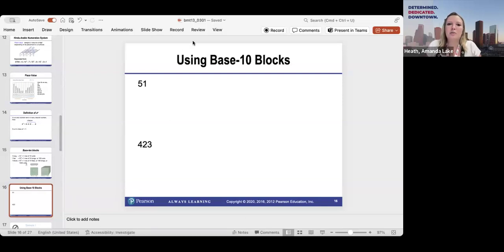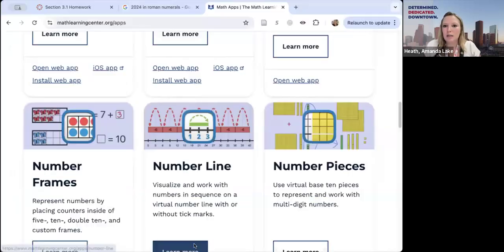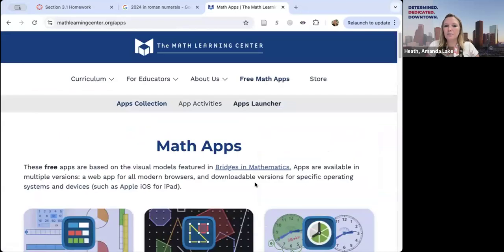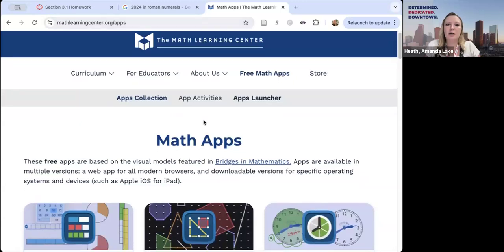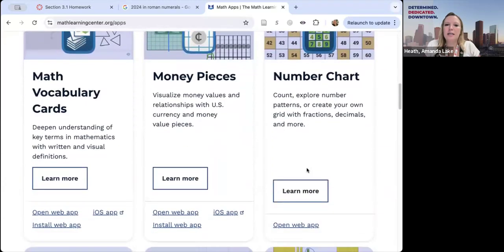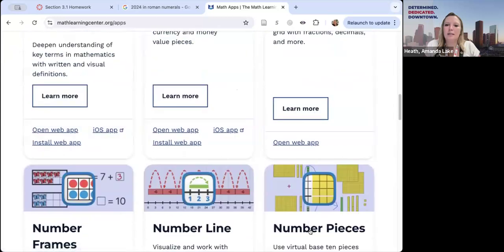So I want to show you a resource that you have online, since this is an online course. If you want to practice using base 10 blocks in your own work, you can go to mathlearningcenter.org, and you'll see this one app called Number Pieces.